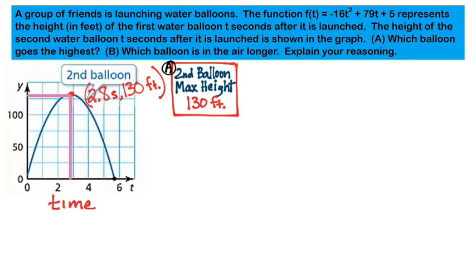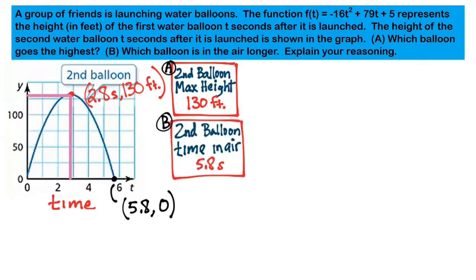So this point right here would have coordinates (5.8, 0). So if 5.8 seconds pass, and that's an estimate, I can see it's a little bit less than 6 seconds. When 5.8 seconds pass, the balloon will have a height of 0, which means that the balloon has been flying through the air for 5.8 seconds.